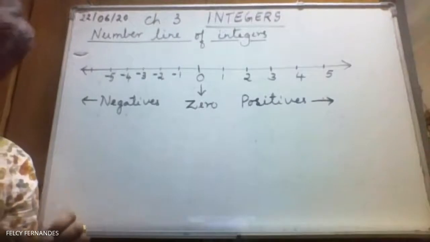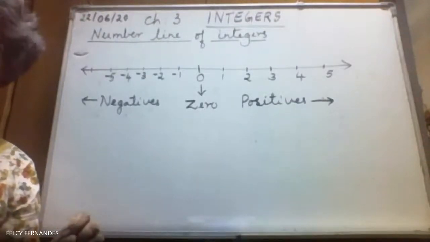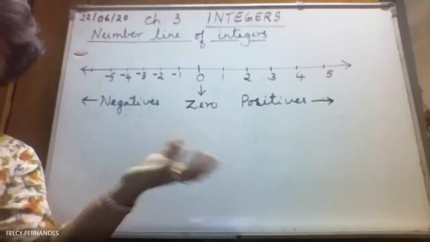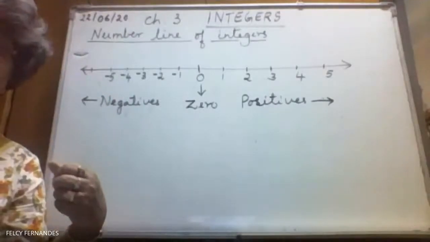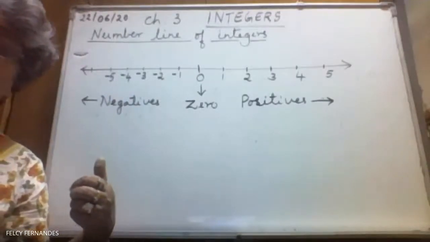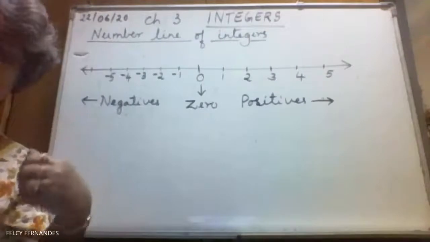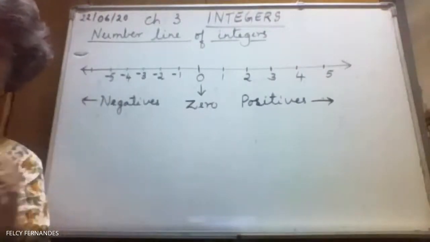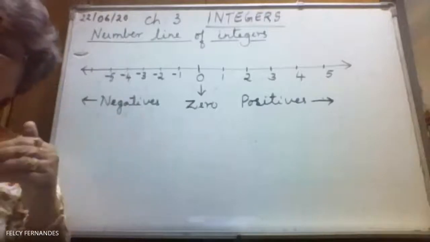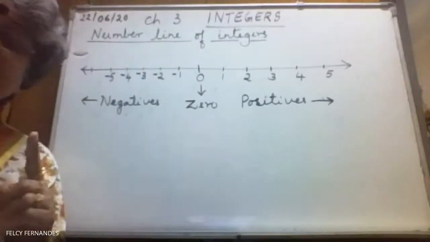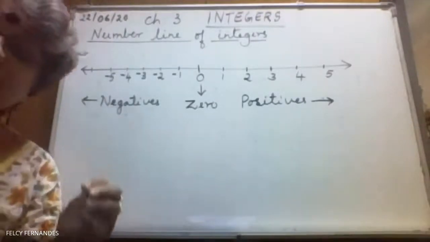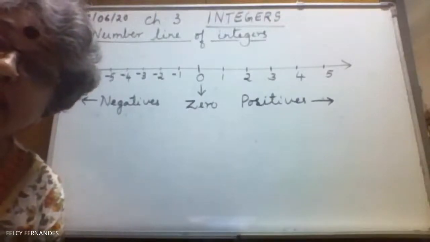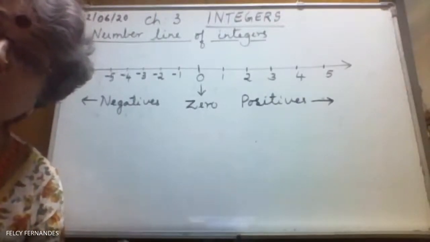Sometimes we deposit money in the bank, so you have more. Sometimes we take out that money from the bank, which is called withdrawal. Withdrawal means we are taking out that money. We want that money, so we withdraw that money. So withdrawal is considered as negative. Deposit is considered as positive.